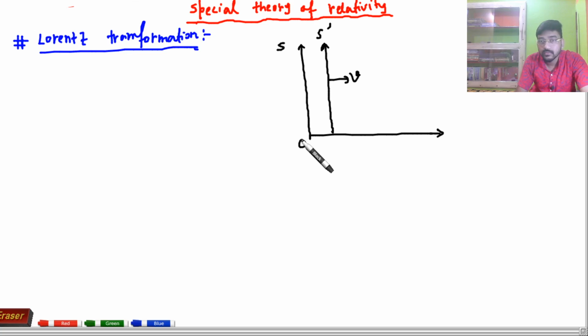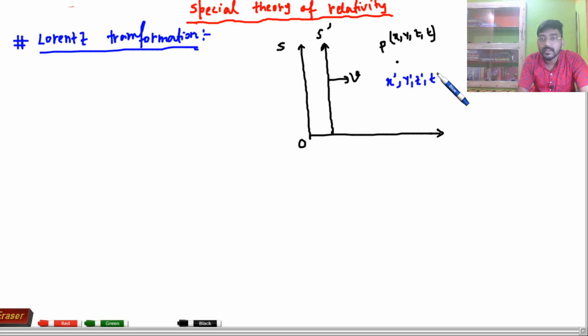This is origin O. Let me suppose there is a point P. P has the coordinates x, y, z, t with respect to S, and the same point has the coordinates x dash, y dash, z dash, t dash with respect to the S dash frame. Now the Lorentz transformation says how x and x dash, y dash, z dash and t dash are related.